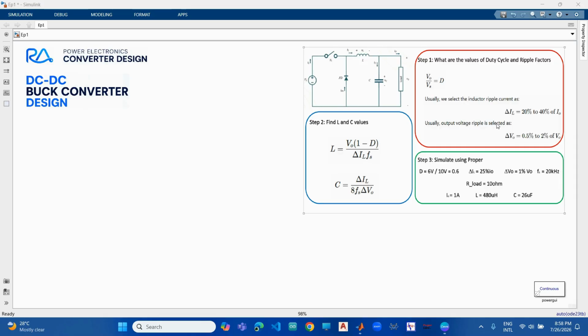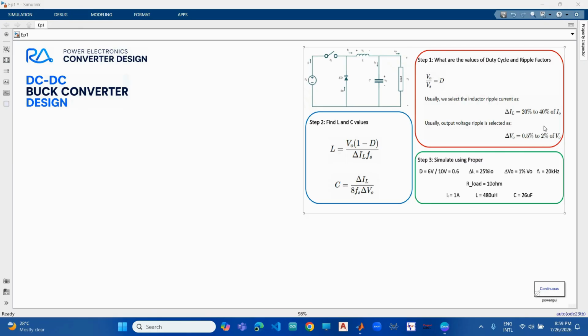Generally, we consider the output inductor current ripple factor as 20 to 40 percent of the output current, and the output ripple voltage as 0.5 to 2 percent of the output voltage.